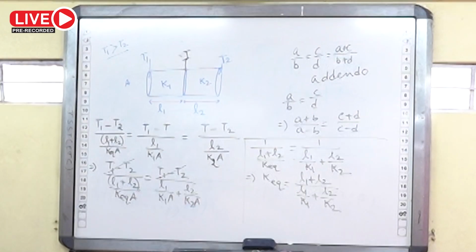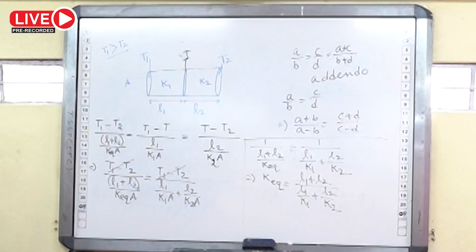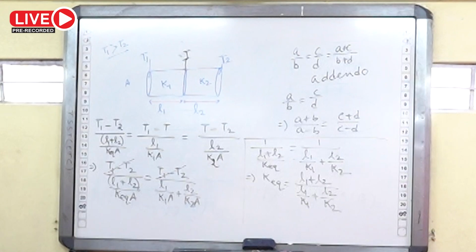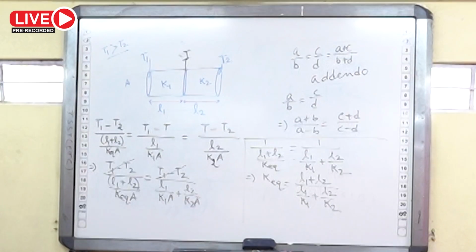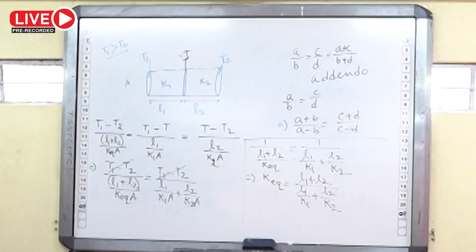Now from this you can get your familiar formula. If we consider L1 and L2 both are same, check what will happen. Put L1 equal to L, L2 is also L. Put them and find the conductivity, you will get the familiar formula.